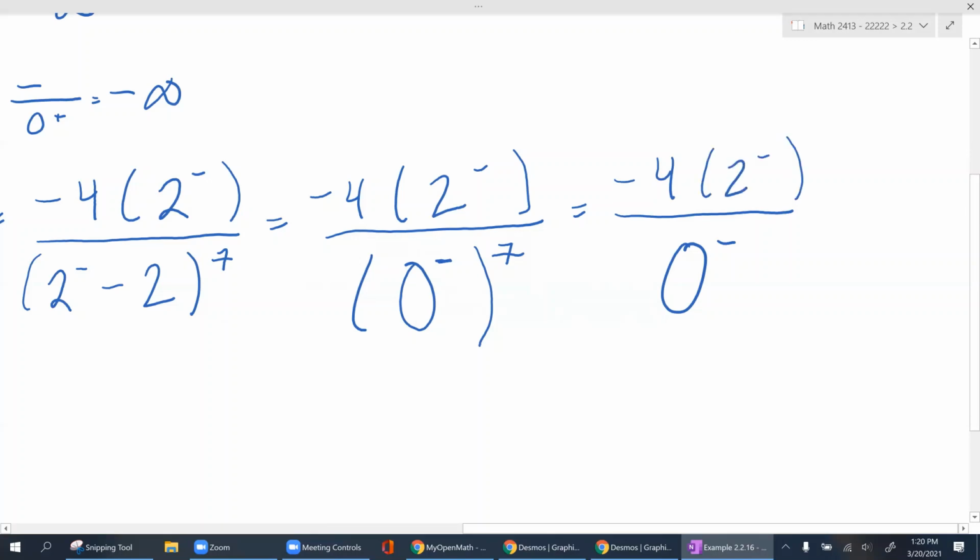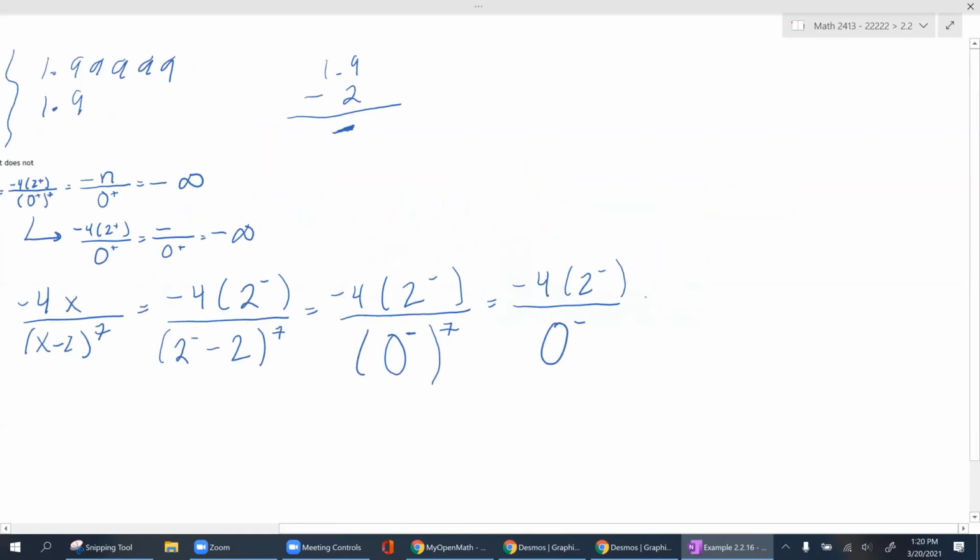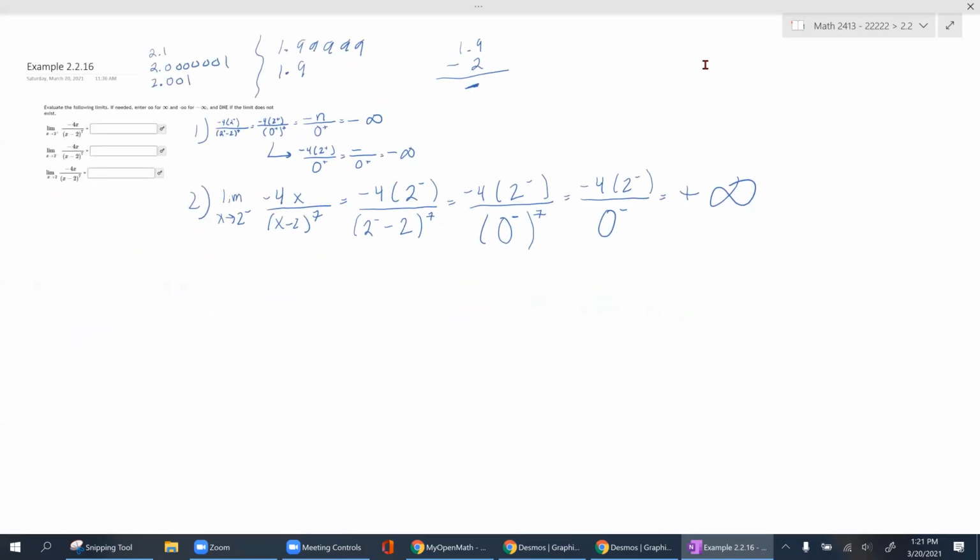And here you have a negative number divided by a negative number. That's going to give me a positive number. And we know any number divided by something infinitely small is going to be positive. It's just going to be infinity.